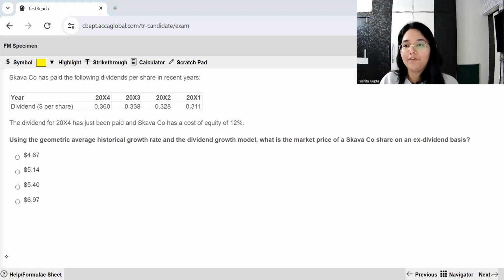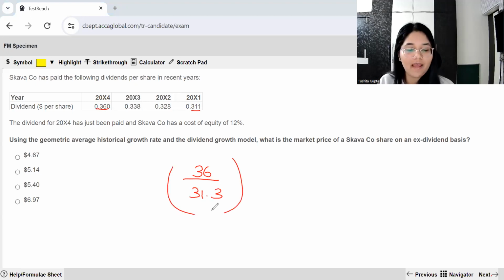First of all, I have to calculate my geometric average historical growth rate. The formula is that we take the dividend for the current year and divide that by the earliest data that I have, which is 31.1. And I raise this to the power of 1 by n minus 1.